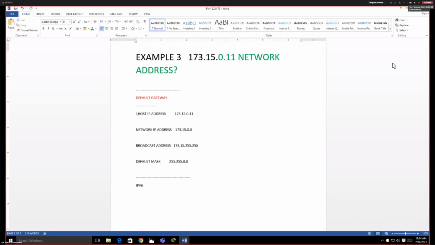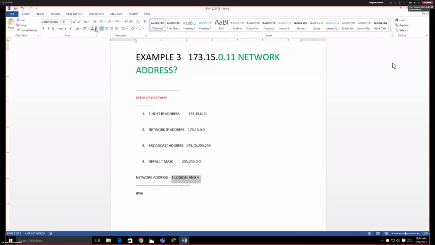If I assign numbers 1, 2, 3 and 4 like this, then to find the network address equals 1 logical AND with 4. 1 will be logically ANDed with 4.